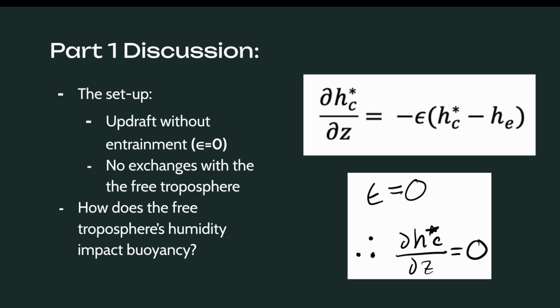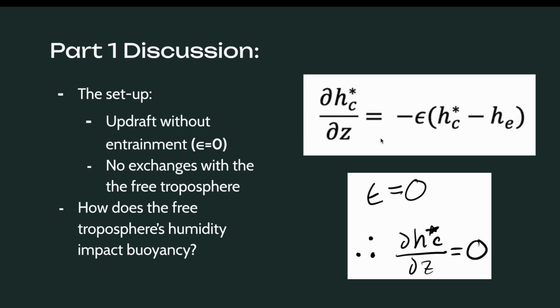With the equations you can see here on the right, the change of the plume's saturated MSE with height is equal to minus the rate of entrainment times the saturated MSE of the plume minus the regular MSE of the environment.